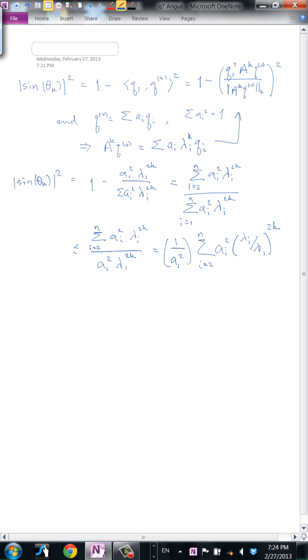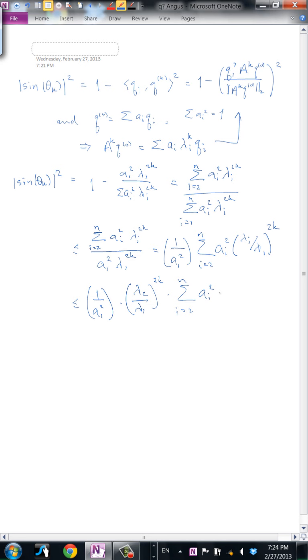And I can make this still bigger by replacing all the lambda i's with the biggest one from i equals 2 to n, which by assumption is equal to i equals 2. So this is less than or equal to 1 over a1 squared times (lambda 2 over lambda 1) to the 2k times the sum of ai squared, i equals 2 to n.